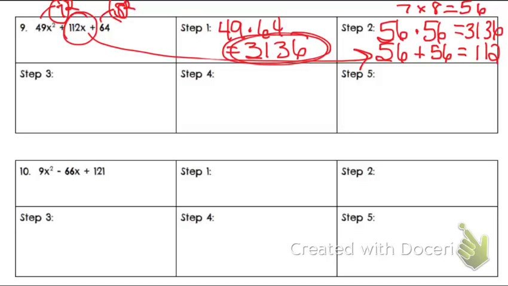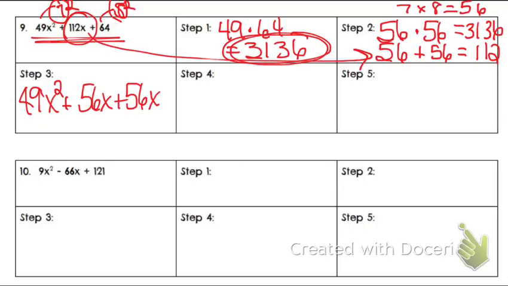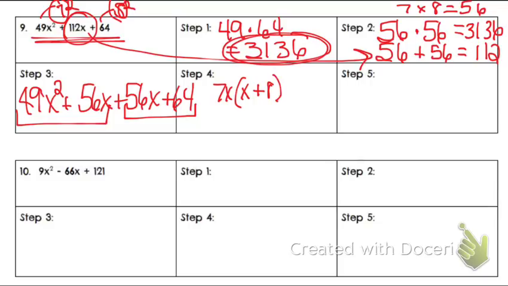All right, so let's look at step 3. Step 3 was to break apart your initial equation, to rewrite it as 49x squared plus 56x plus 56x plus 64. Step 4 is to factor out a greatest common factor out of each of these two halves. So my greatest common factor for my first half is 7x times x plus 8, because 7 times 8 is 56.